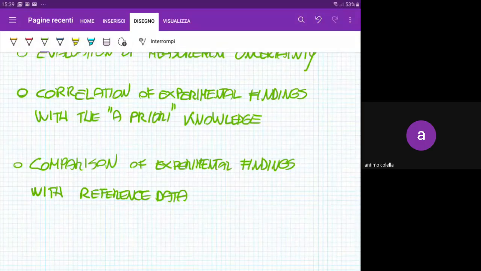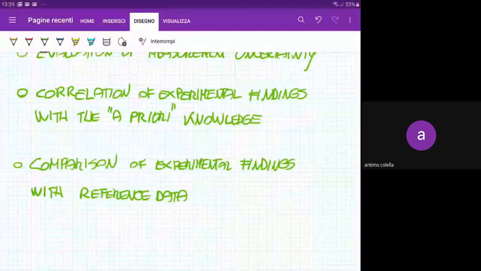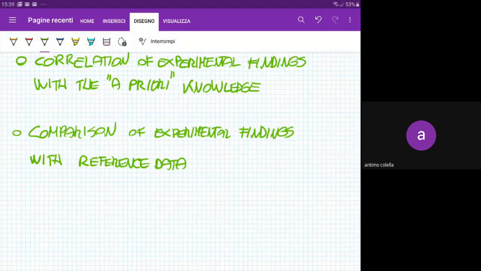For example, papers that other colleagues had already published, for example, in different journal papers, okay, or other colleagues in other departments have already written a report, okay? So if I'm doing a certain static test on a typical structure and my colleagues 2 years ago made the same test and found out deflection of some millimeters, now I'm redoing that with something different and I'm obtaining deflection of some meters, maybe that's not good.